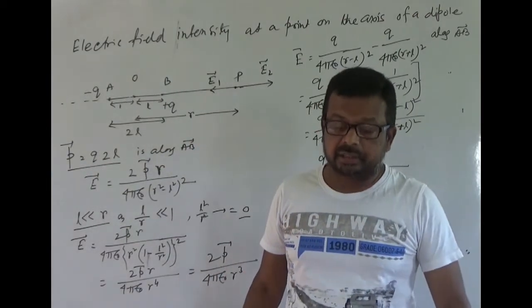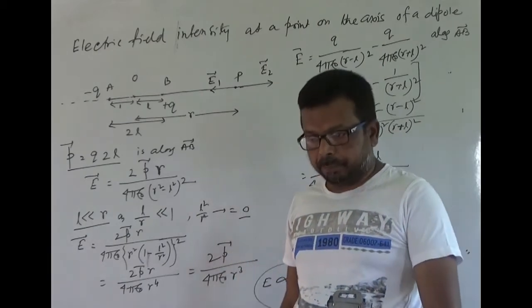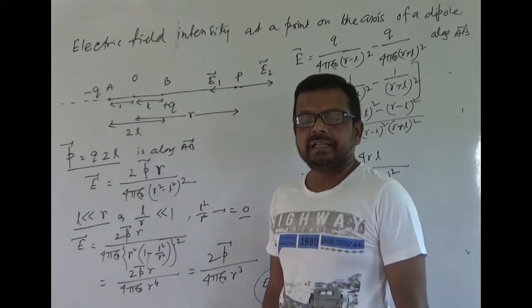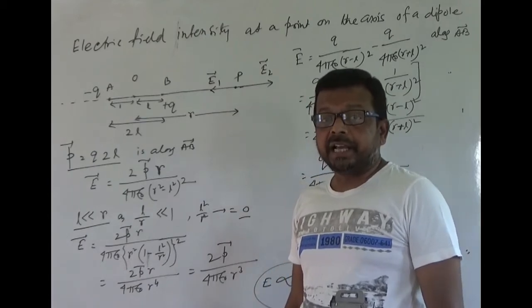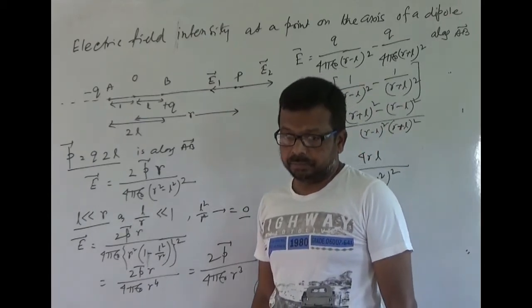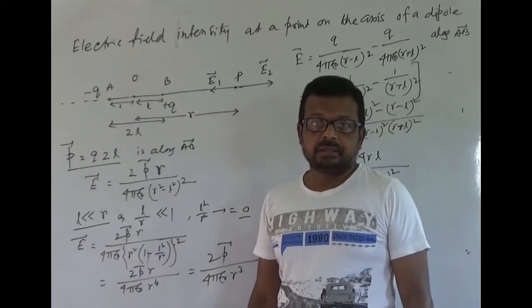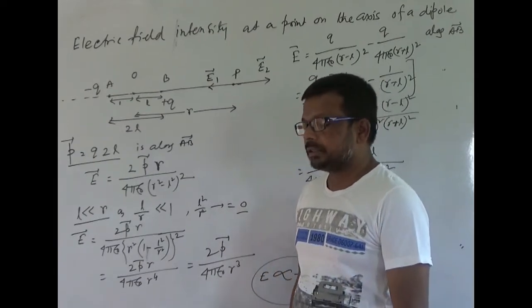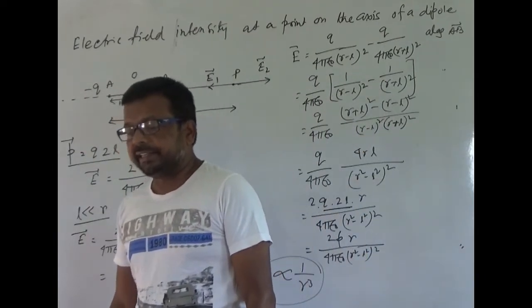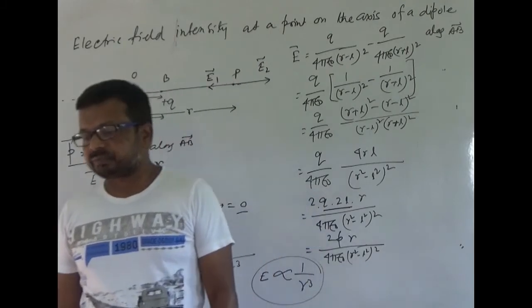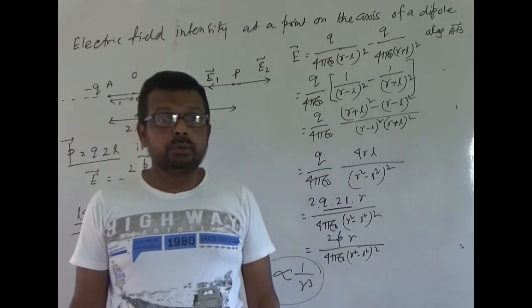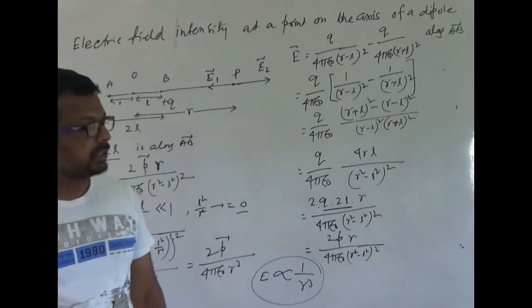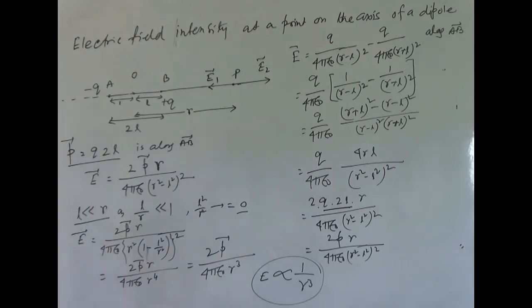Next, the electric field due to a dipole at a point which is on the perpendicular bisector of the dipole. That means electric field intensity at a point on the equatorial plane, which is known as broadside-on position. Broadside-on position.